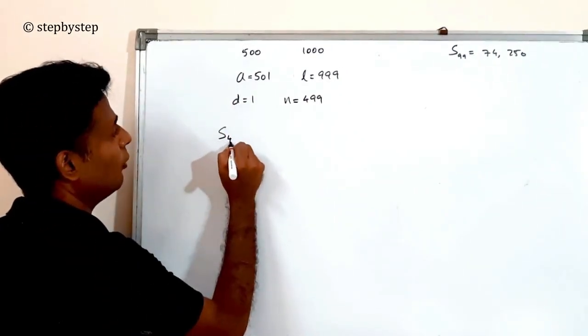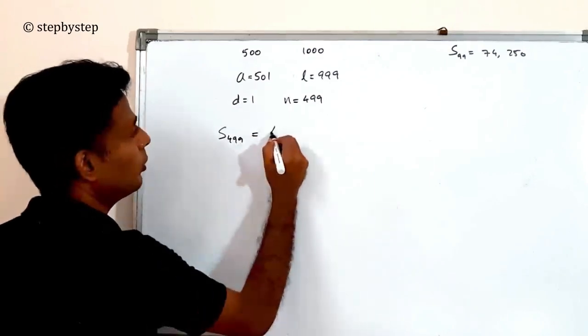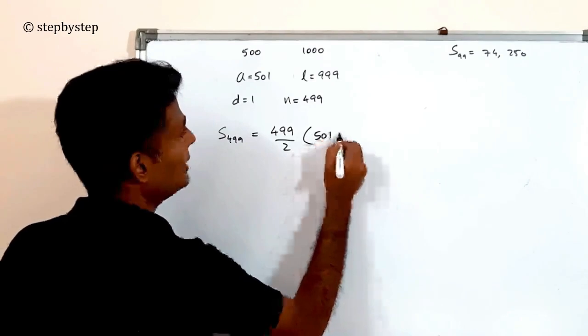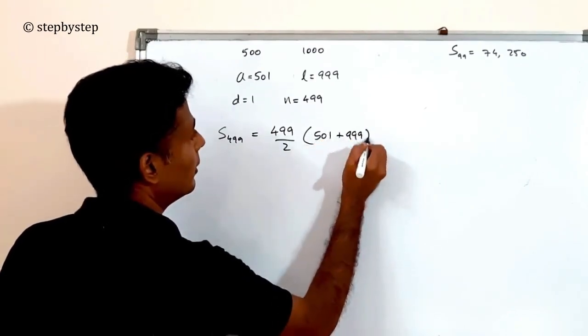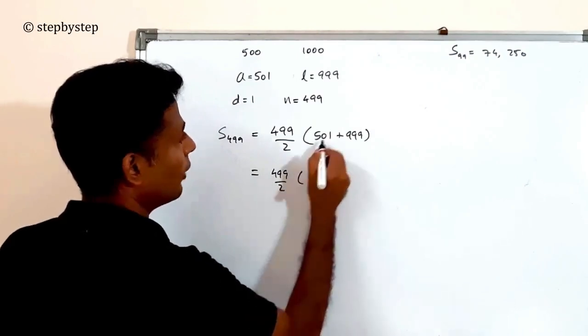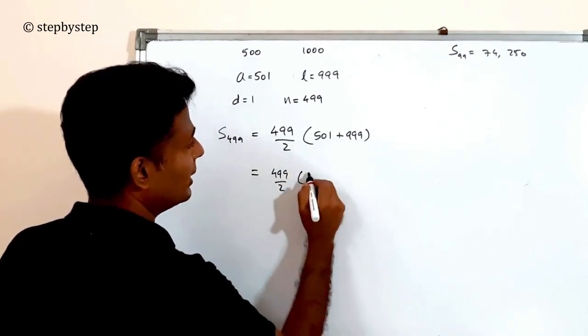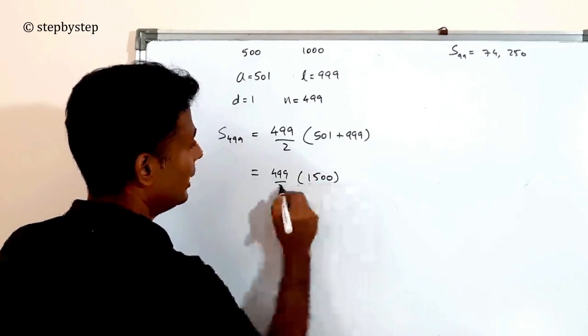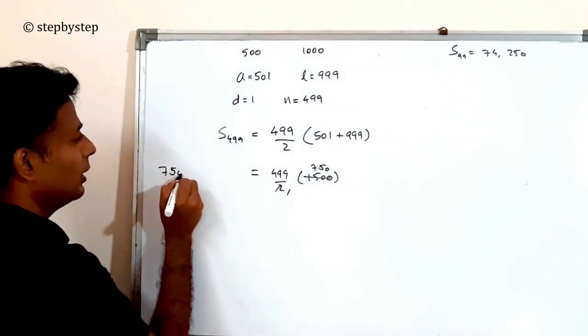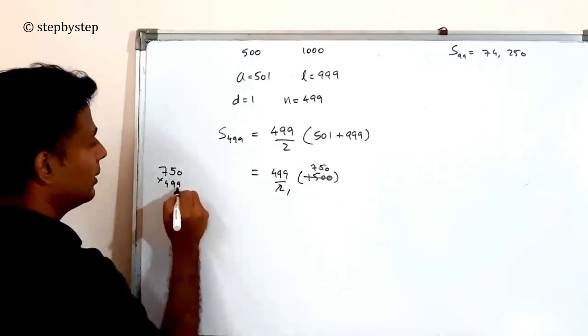So we have to find S of 499, that is equal to n by 2 into A plus L. Again we get 499 by 2 into 501 plus 999 is 1500. So 750. So we do 750 into 499.